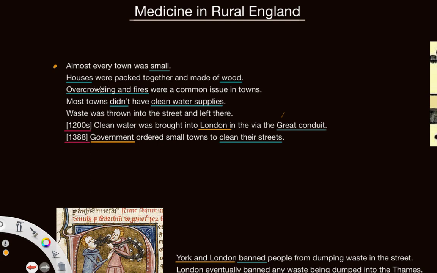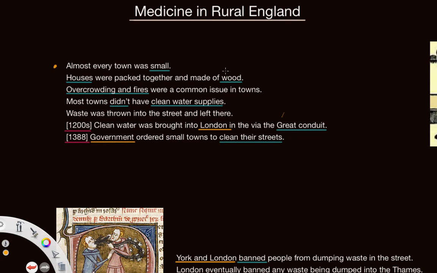Basically, every single town at this time was small, and this really caused a number of issues, because a town being small, not made up of a lot of people, having quite a low economy, meant there would be less money spent on things that would help with hygiene. Also, the way the towns were structured and the materials they were made of. Specifically, most houses were packed together and made of wood.